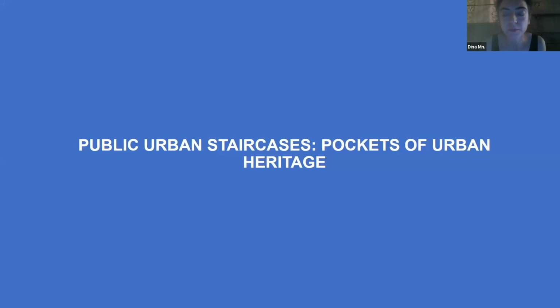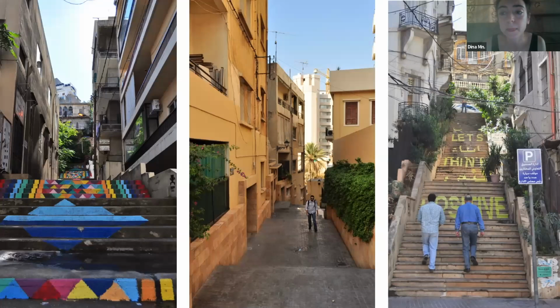Zooming in more on the pedestrian experience, I have explored the potential of public urban staircases as pockets of urban heritage. These are located in some of Beirut's neighborhoods that have a certain topographic profile, and they are intricately interwoven with the urban fabric, providing essential shortcuts and accessibility to different places.